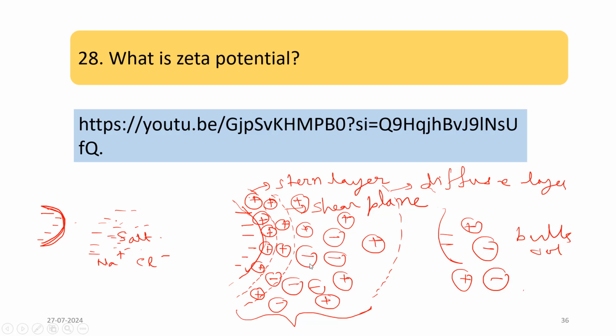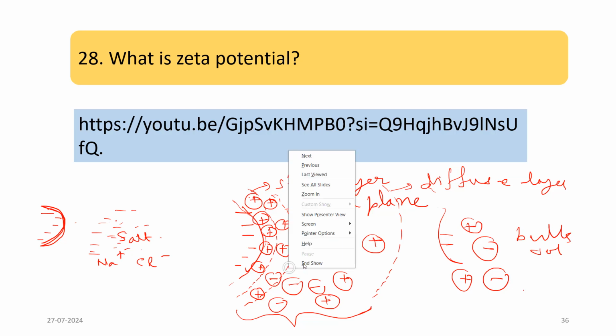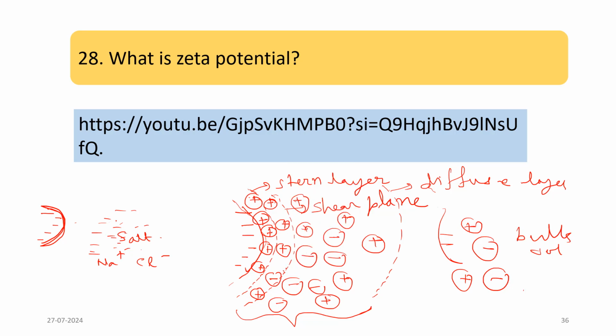Now, what is zeta potential? If we calculate the voltage in the shear plane, the shear plane voltage is called the zeta potential of a particle. Did you get it?